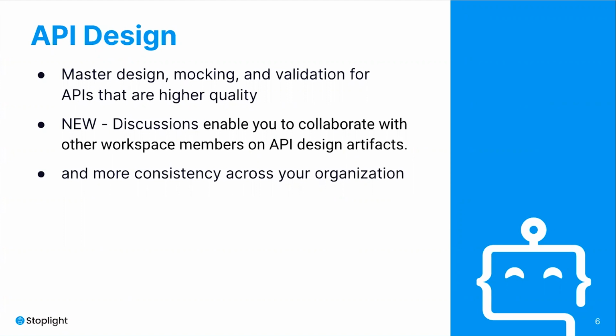It helps you create and prototype your APIs using an intuitive visual editor for OpenAPI specifications, and you can create your API in line with industry best practices. Also, with the release of discussions, members can add comments, ask questions, and interact within the Studio interface. So discussions also integrates with popular task tools like Jira and Slack to help facilitate collaboration outside of the workspace as well.